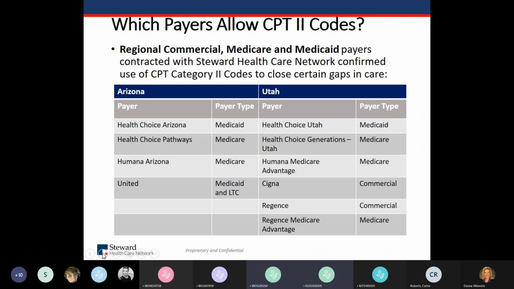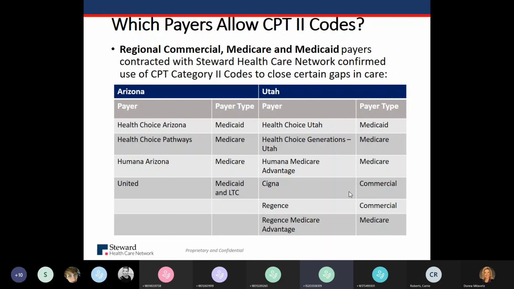So which payers allow CPT II codes? Within our region of Arizona and Utah, I've provided some of our regional commercial, Medicare and Medicaid payers who are contracted with Steward Healthcare Network, who have confirmed the use of CPT II codes in order to close certain gaps in care.